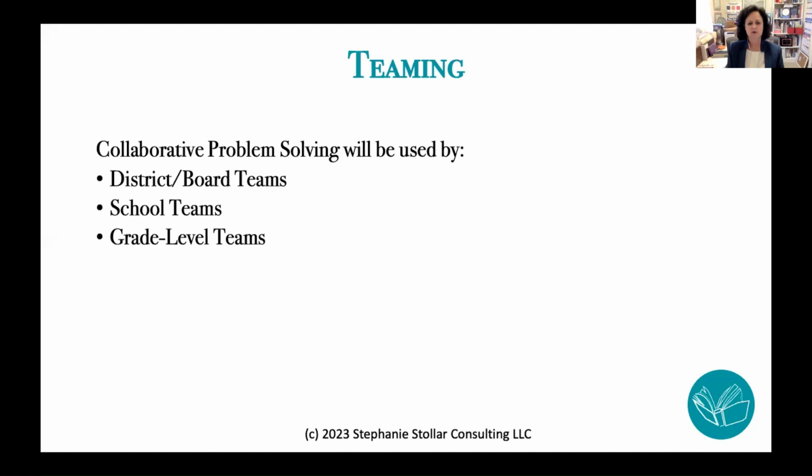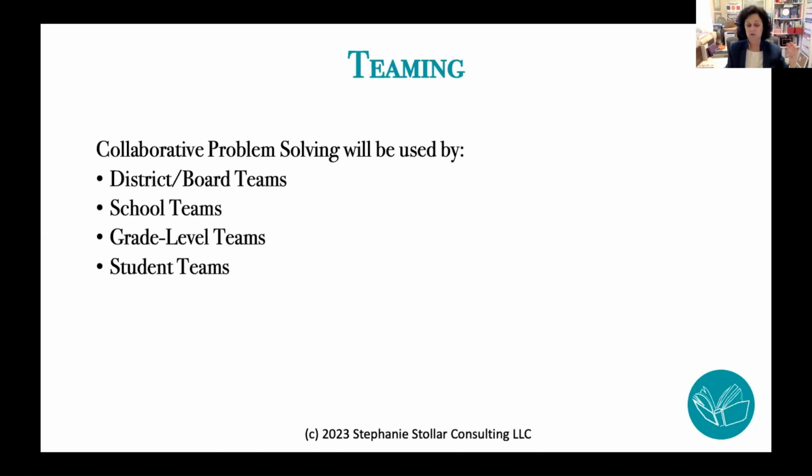It should be used by teams at all levels of your system. So at the district or board level, at the school level, at the grade level, and at the student level. This same thinking process is used at all levels of your system.